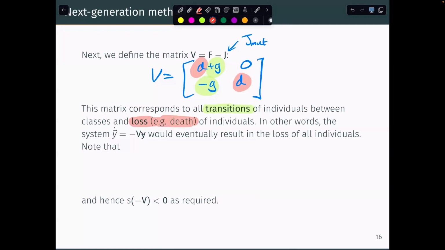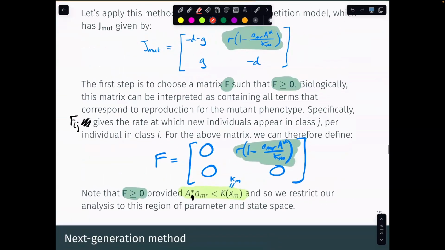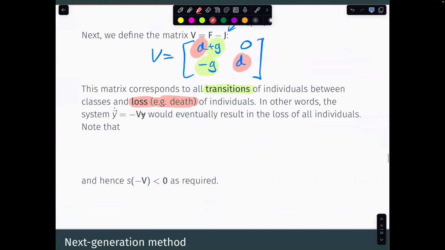Because this is always transitions and loss, and there's no production of new individuals, remember all the production of new individuals is coming in this F matrix. This means that, sorry, the notation's gone a little bit funny here. If we looked at a dynamical system of some population vector y, if we take the derivative of that, and this is given by minus V times y, this is just some other dynamical system, this would always tend towards 0 because we've got transitions between classes and loss.